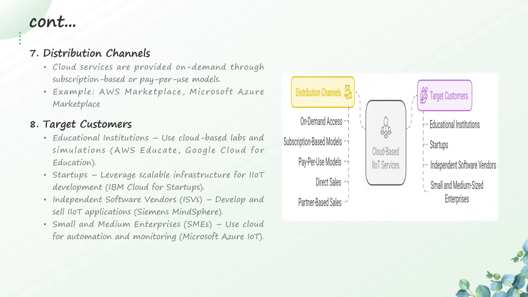Next is the distribution channels. Here it is the method by which the cloud-based industrial IoT services are delivered to the end users. The key features are on-demand access, that is, the customers can use the cloud services whenever needed, without any upfront infrastructure investment. And subscription based and pay per use models, where the flexible pricing will ensure affordability.